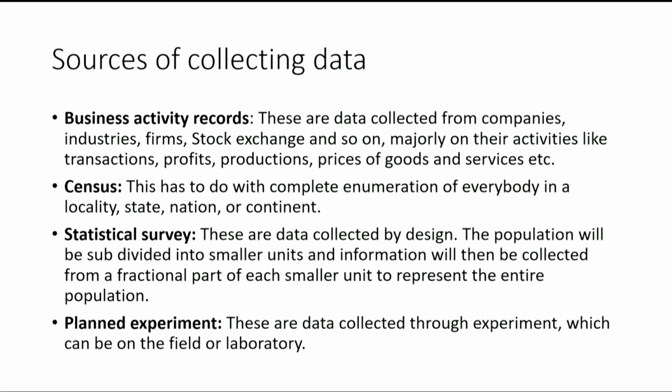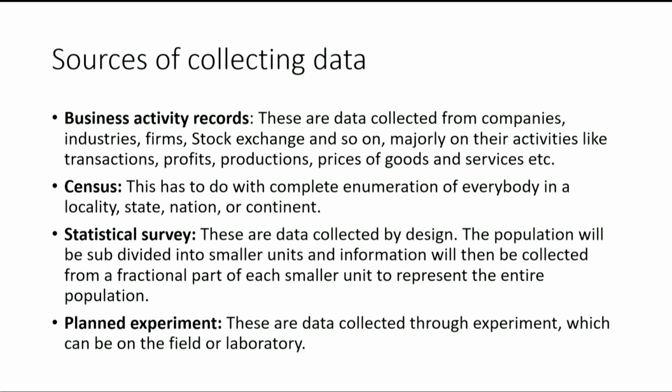Another method of collecting data is through census. This has to do with complete enumeration of everybody in a locality, state, nation, or continent. The next one is through statistical survey. These are data collected by design.